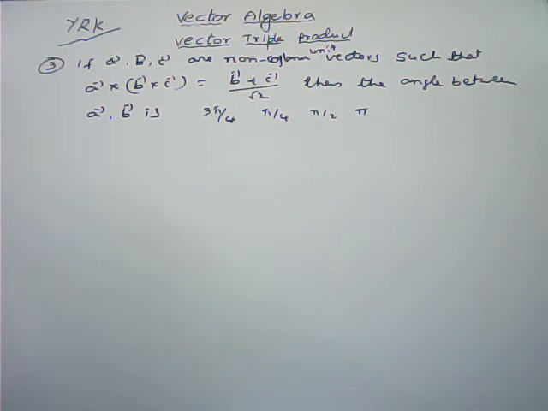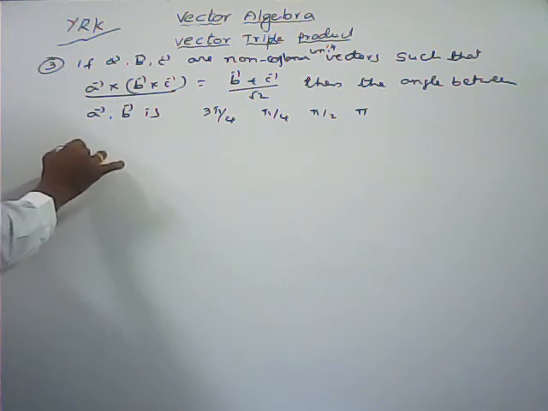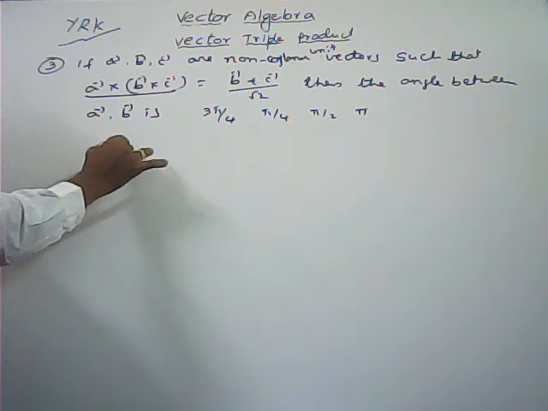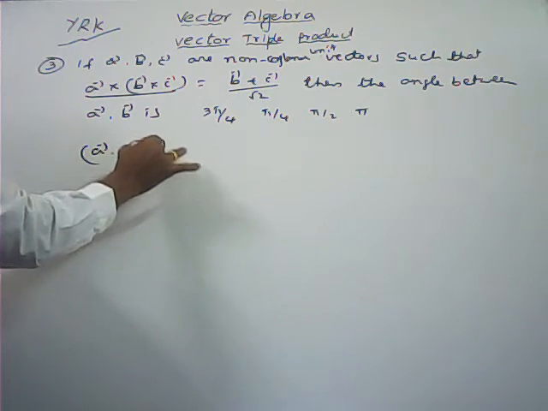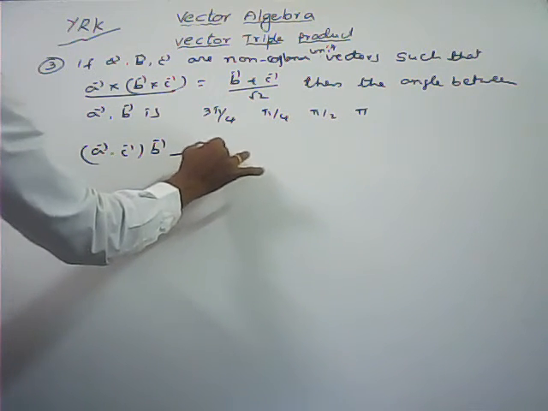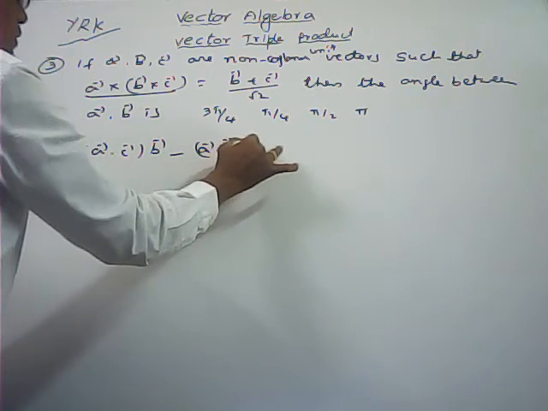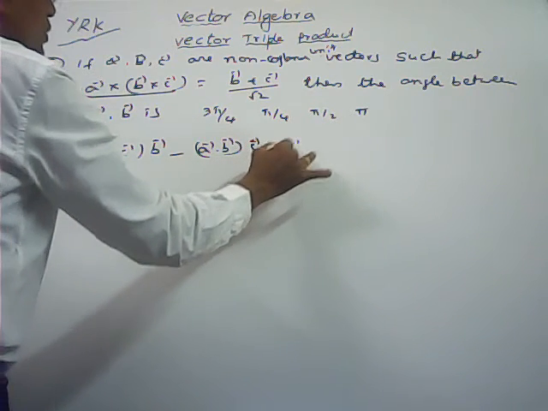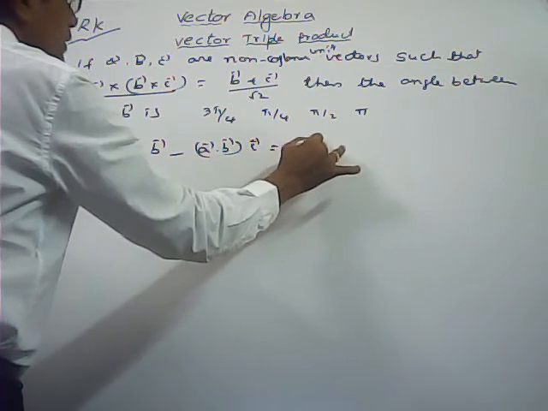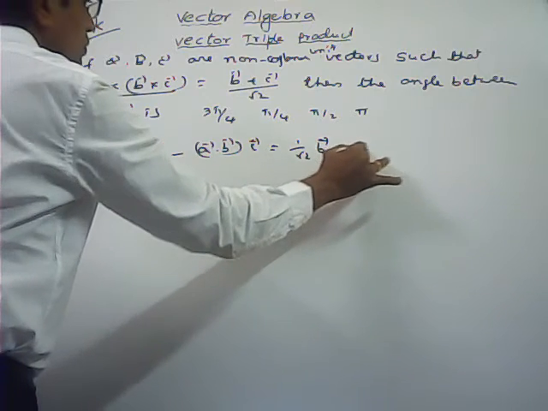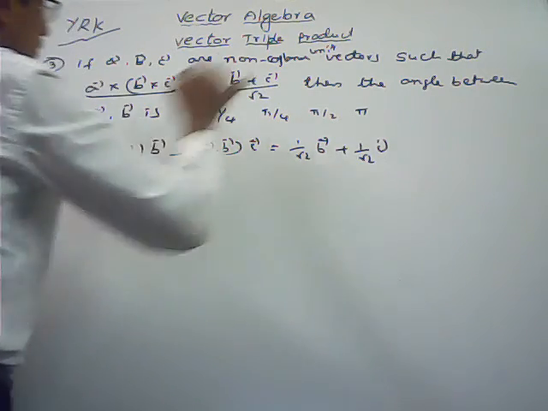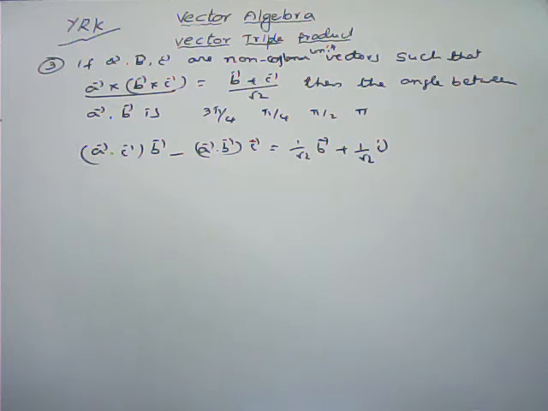Then the angle between a bar and b bar we want. This one you can expand. How to write that one? (a bar dot c bar) into b bar minus (a bar dot b bar) into c bar, that is equal to 1 by root 2 into b bar, if I write separately here, plus 1 by root 2 into c bar. Now here comparing the coefficients only.